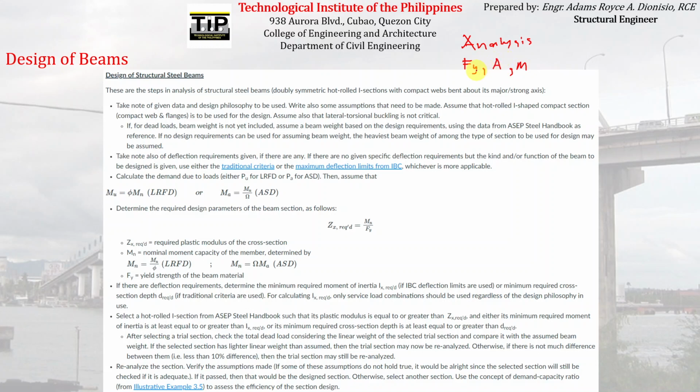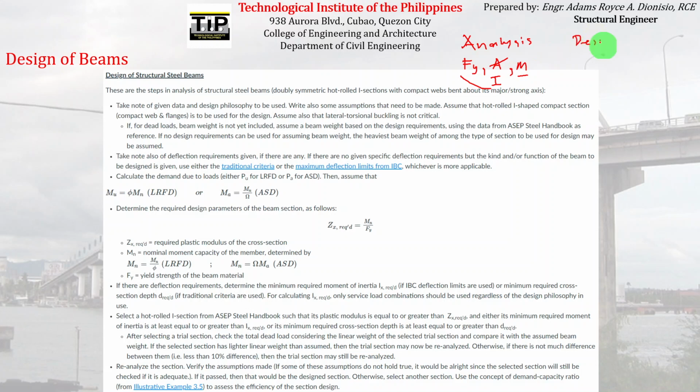Although for the case of steel beams, instead of area, we are given section properties, which are the moment of inertia, the section modulus, and other properties related to flexure. Okay, so these are the parameters given, and this is the required for the analysis.